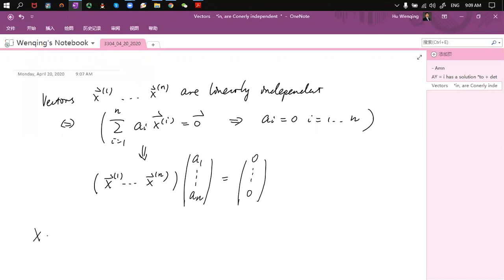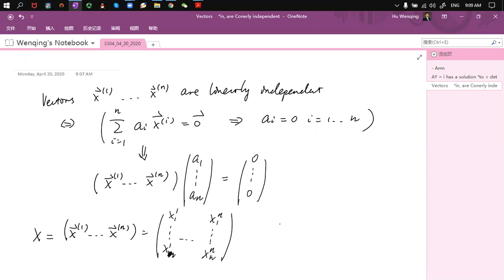If you let the matrix X be x1 up to xn, remember these are column vectors, so x1 might look like x11 up to x1n, and so on up to xn.